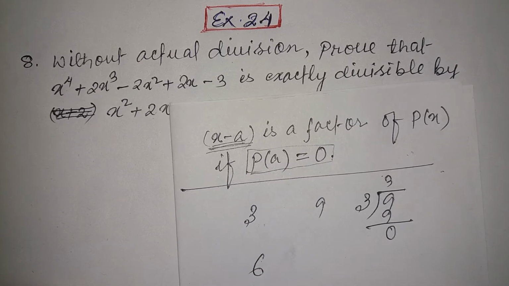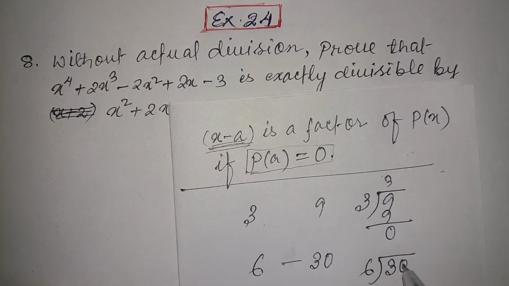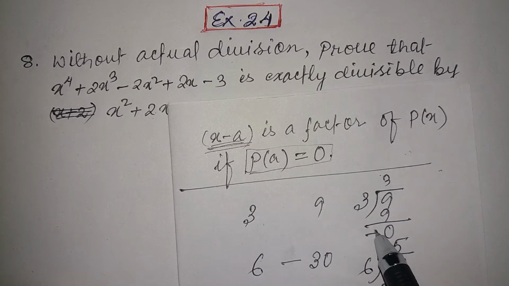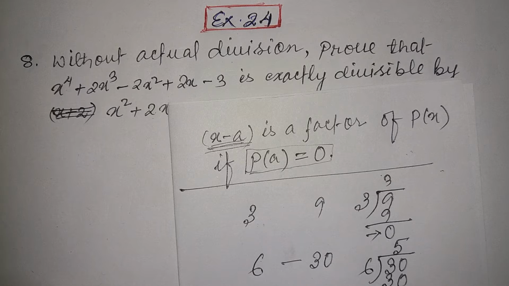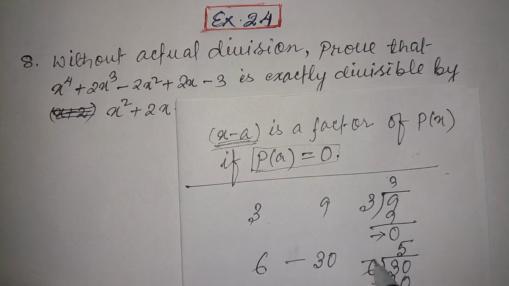Or say 6 is a factor of 30 because 30 is exactly divisible by 6. In both cases, the remainder is 0. So when we divide a number by another number and the remainder is 0, then the second number is said to be a factor of the first number.